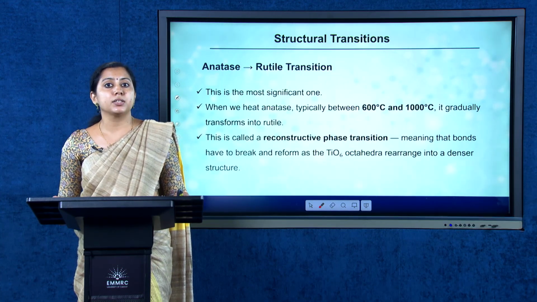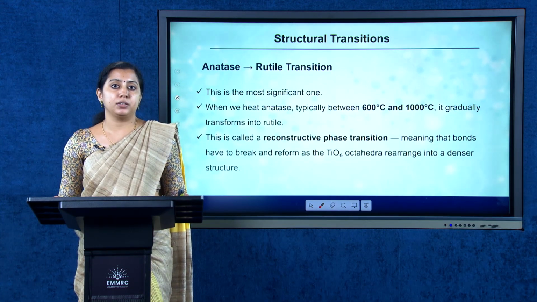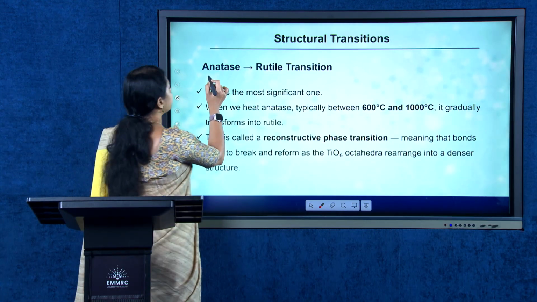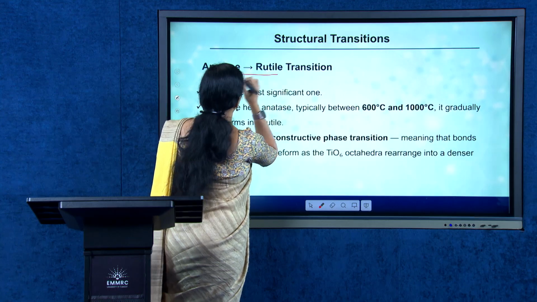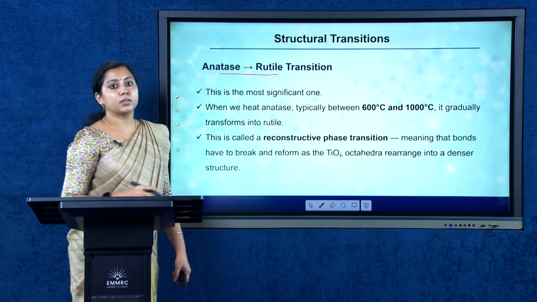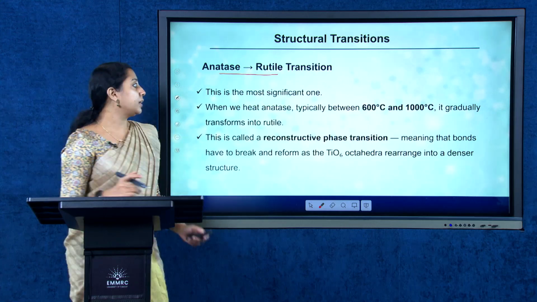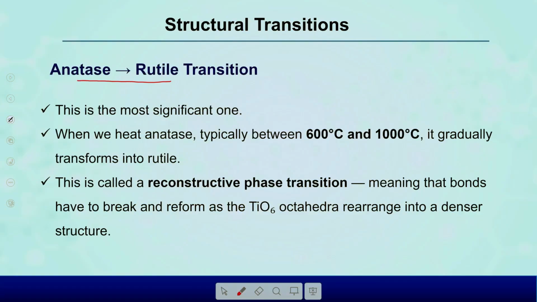A significant structural transition occurring in TiO2 is the anatase to rutile transition. So, when we heat anatase, typically in the range 600 to 1000 degrees Celsius, the anatase form gradually transforms into the rutile form.